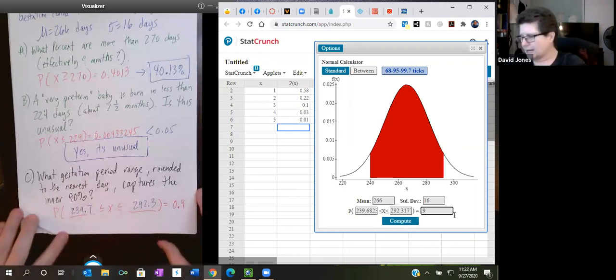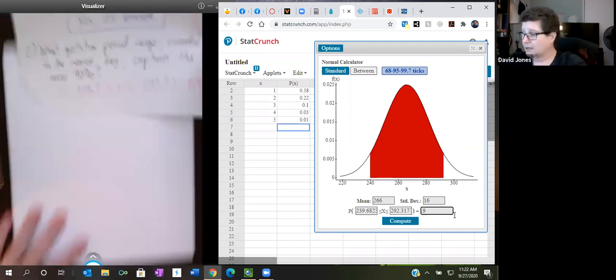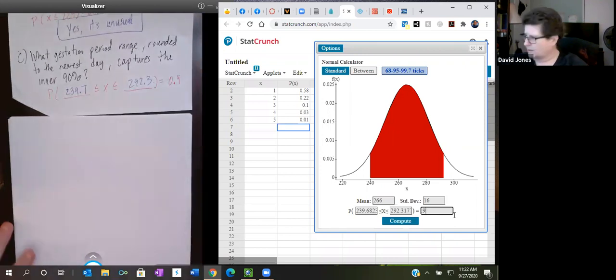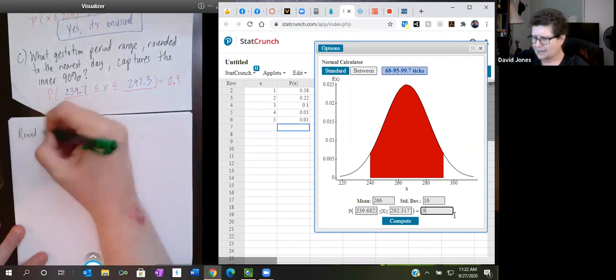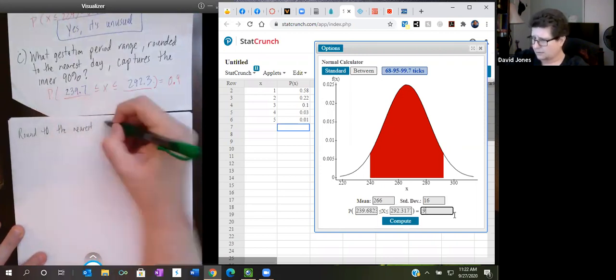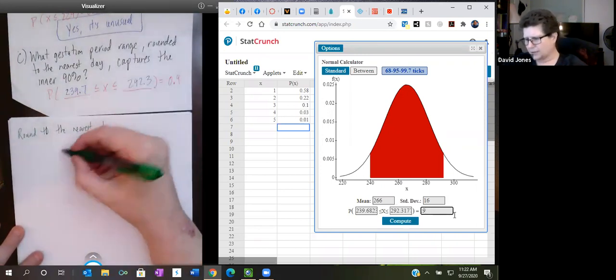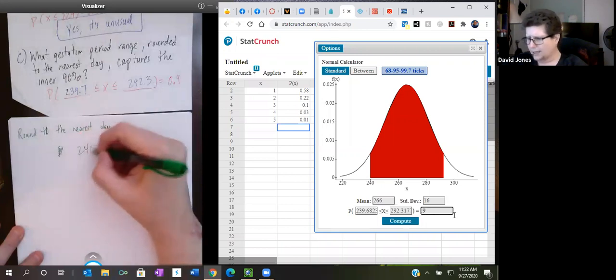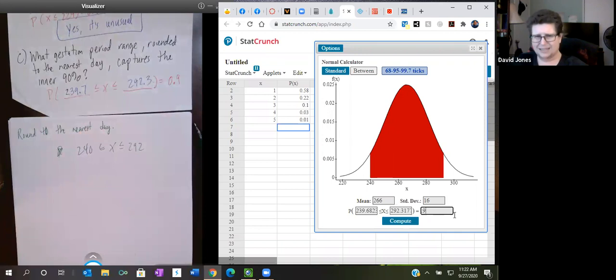They want me to round to the nearest day though, okay? Round to the nearest day. If I round on that, it would be 240 less than or equal to x less than or equal to 292. Does that work?